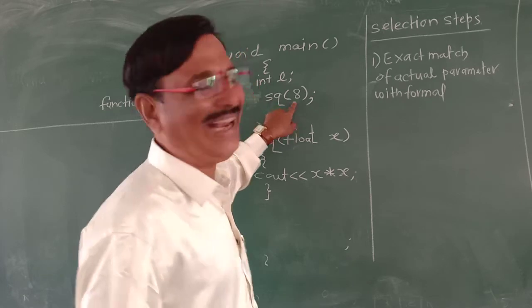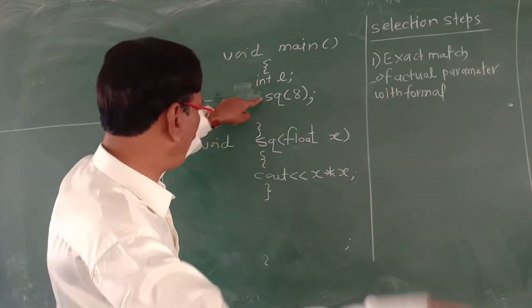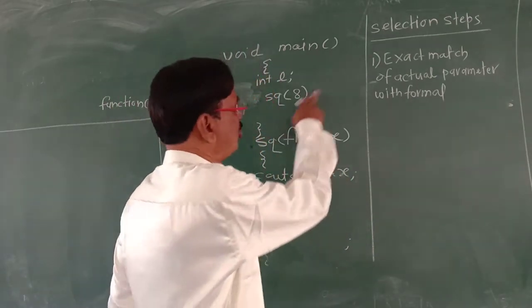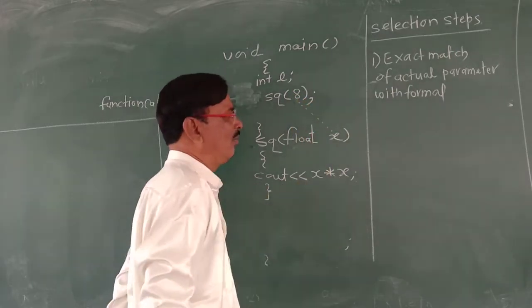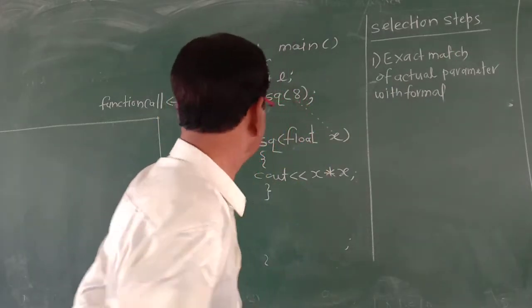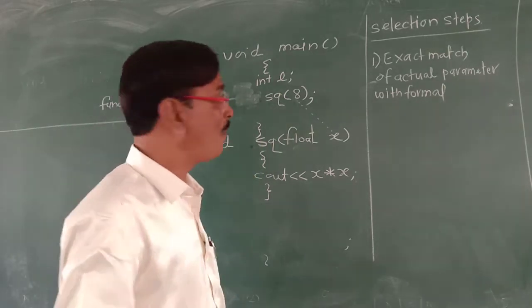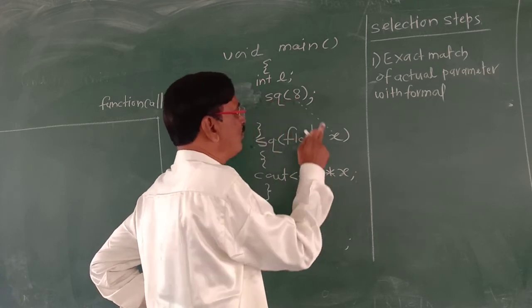SQ of 8. So when the function is called, program control comes to the outside. It tries to match, exact match. Actual parameter 8, but x is integer. Function is not returning, okay. Y is a return. But here actual parameter is 8.